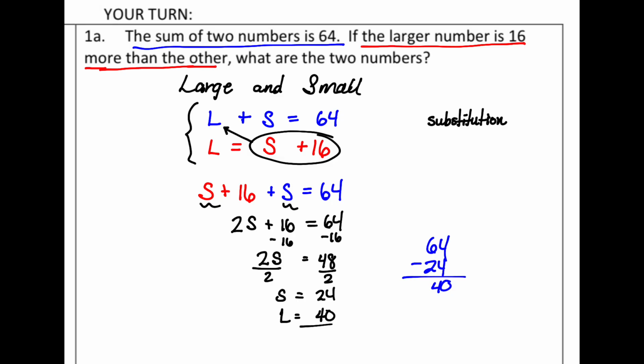And double check, these two do add up to be 64. And is the larger one 16 more than the smaller? Let's see, if I do 24 plus 16, sure enough, I get 40. You probably already figured that out.